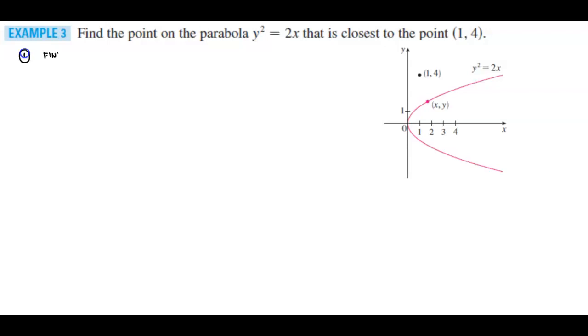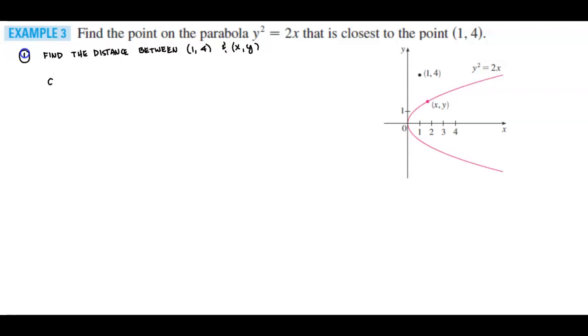So we need to find the distance between the following 2 points. We have to find the distance between (1, 4) and (x, y).